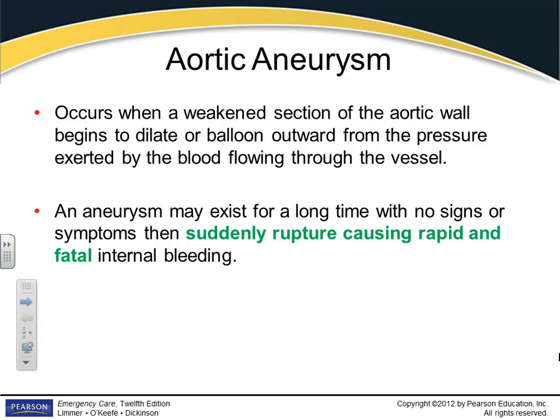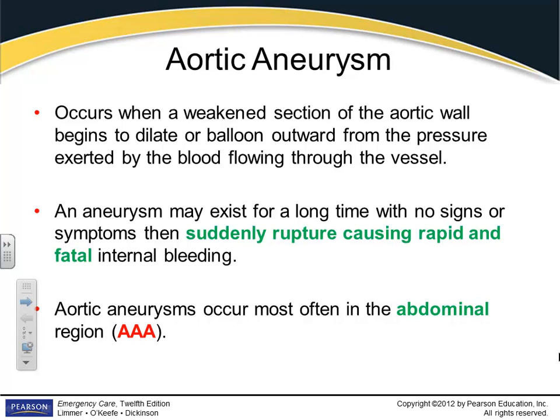It's usually fatal. Now, if you have a rupture in the aorta in the abdomen, then we call that an AAA. And those can be very bad too. So in a minute we're going to be looking at the difference between an aneurysm that ruptures and a dissection. I think that's up next here.